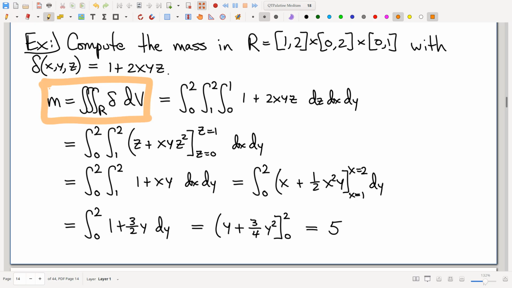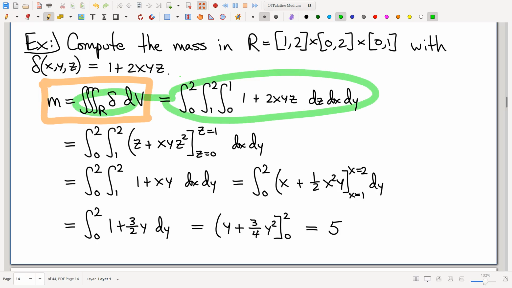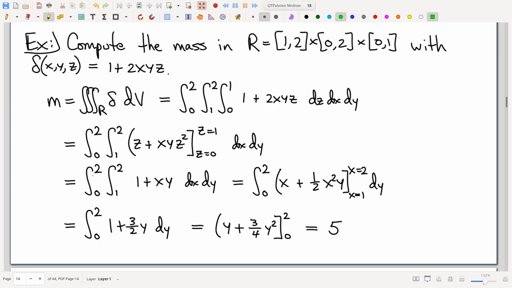Whole is the sum of the parts, and mass per unit volume times volume gives you mass, right? So this is the argument we made last time. I am claiming, as we just claimed, that you can turn triple integrals into iterated integrals. And now it's just a matter of cranking it out. Again, we start with the inside integral.